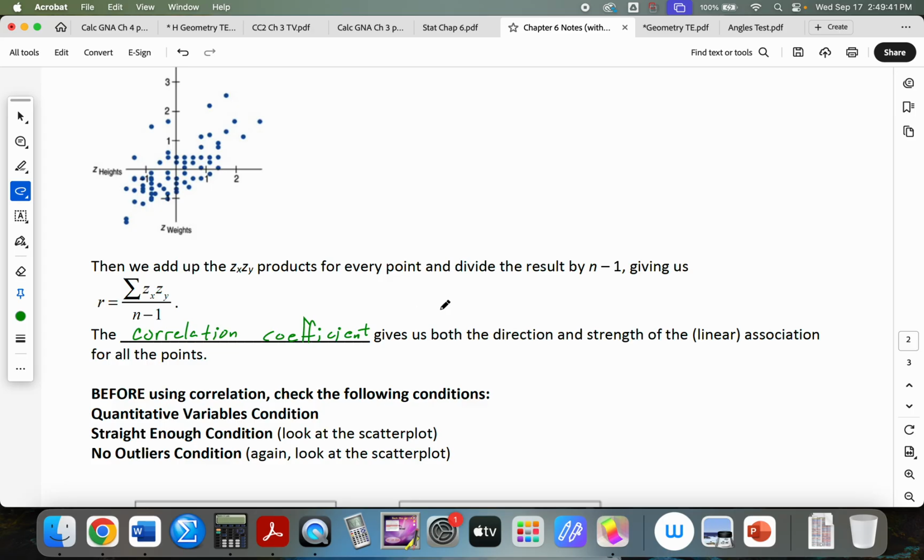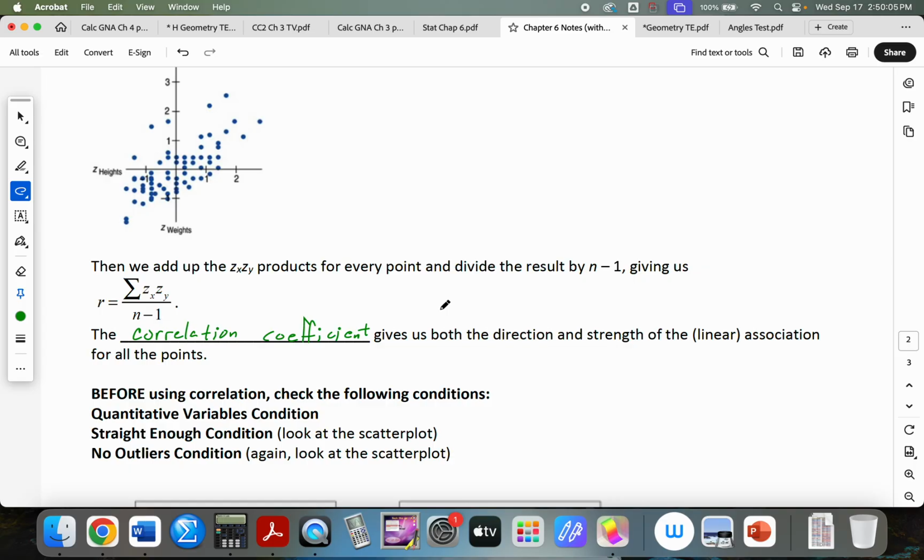It gives us several things. It gives us the direction. If the correlation coefficient is positive, that means generally speaking, as we move from left to right, the data points will move further from the horizontal axis. And then vice versa. If we have a negative correlation coefficient, that doesn't mean it doesn't correlate strongly.